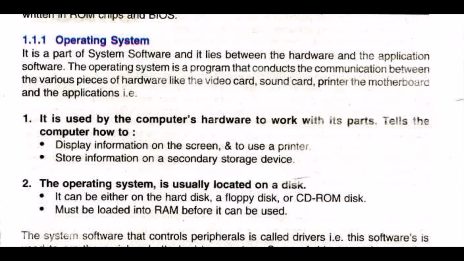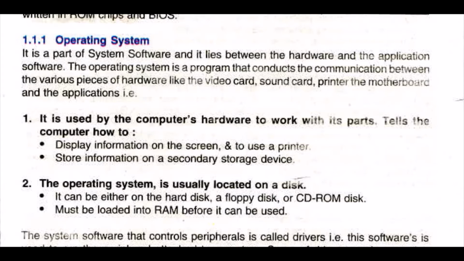It can either be on hard disk, floppy, or a CD-ROM. It must be loaded before it can be used. So before using a phone, you have to install a proper Android software, right? That is what operating system is.